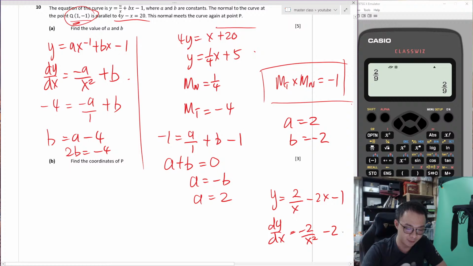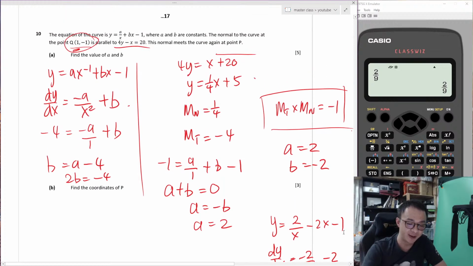Okay, so I want to find P. So the normal meets the curve again at P. So I want to find the equation of normal. And after I find the equation of normal, I'm going to use that equation to intersect back into the equation of the curve.